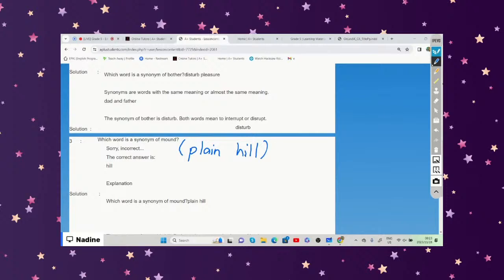And if we basically find the meaning of mound, right? Mound is like a rounded mass. It's like above a surface. It's like a large pile of something, right?